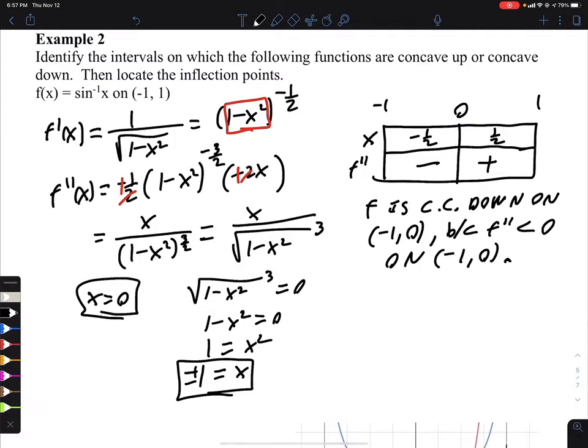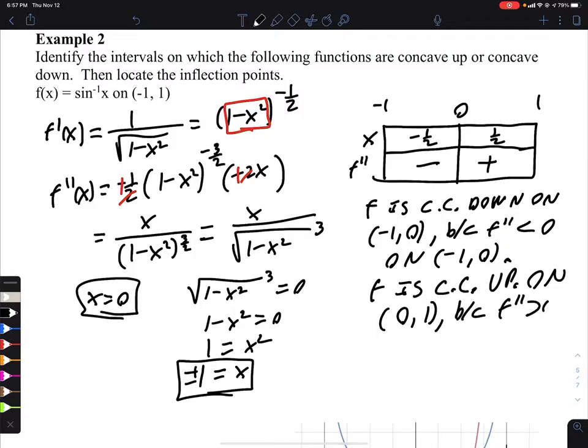First statement. It's going to be concave up from here to here because, look, positive. So f is concave up on the interval from 0 to 1. Why? Because f double prime is positive on the interval from 0 to 1.